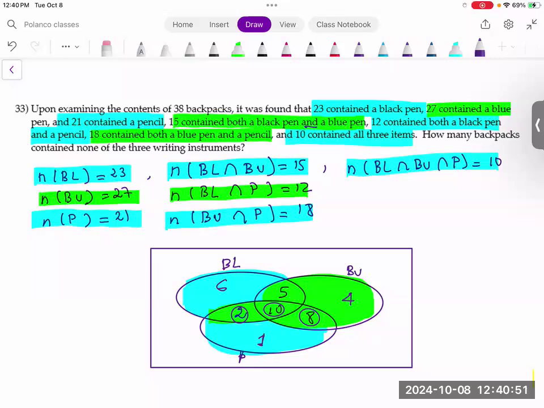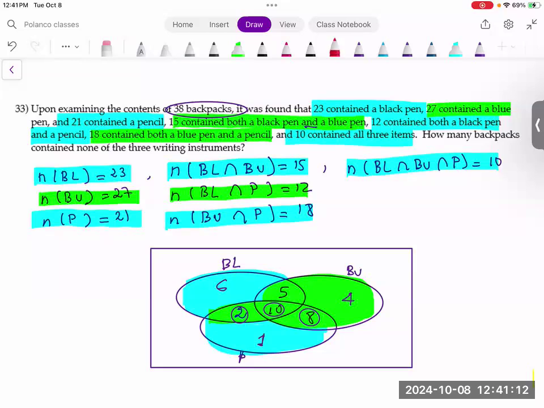Now, I have one more statement that I'm missing, which is the 38 backpacks. So what does 38 backpacks mean? That's the square, right? So the total number has to add up to 38. Now, inside the circles, what do I have?